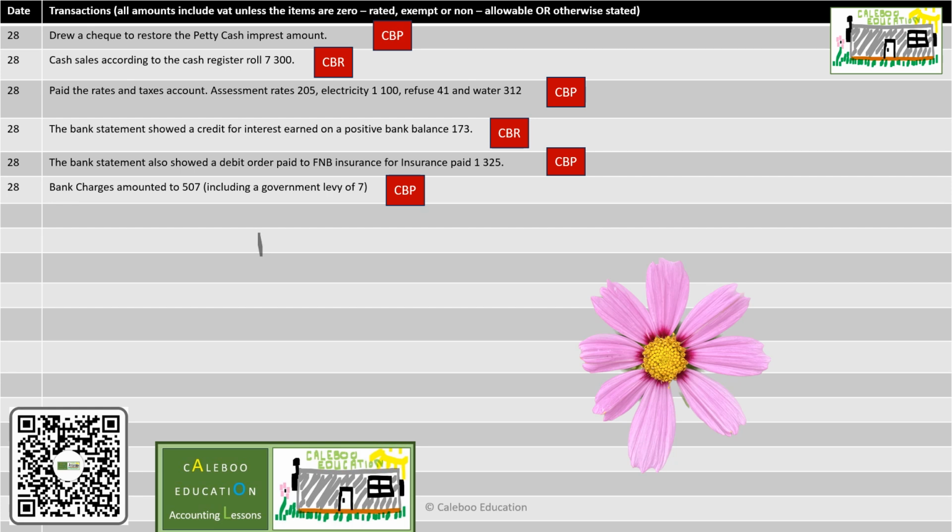Then these are transactions that also took place on the last day or the second last day of February, because February 2024 is a leap year and it has 29 days. So those are the transactions of Calibre Education for February. We're going to record those transactions that need to go into the general journal.